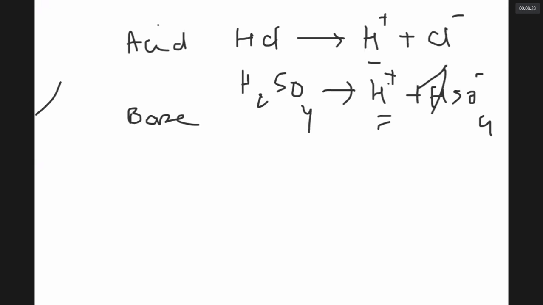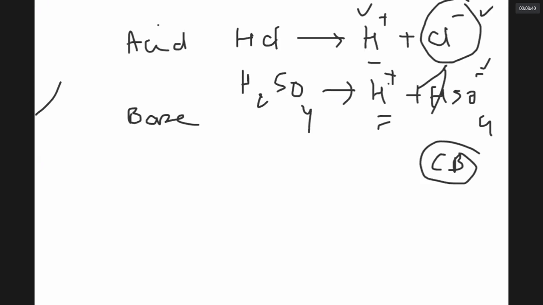Whenever a H plus is coming, you are also getting something which has a negative charge. That which has negative charge is called its conjugate base. Always an acid gives conjugate base with a negative charge after using H plus.